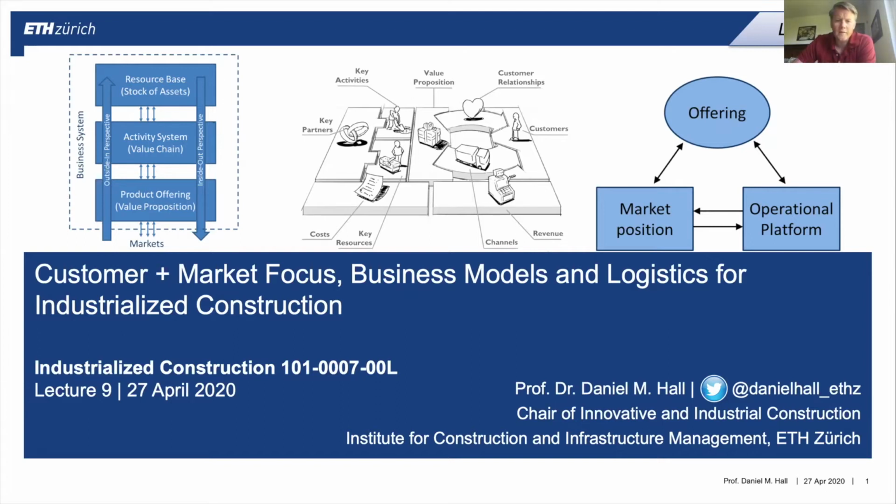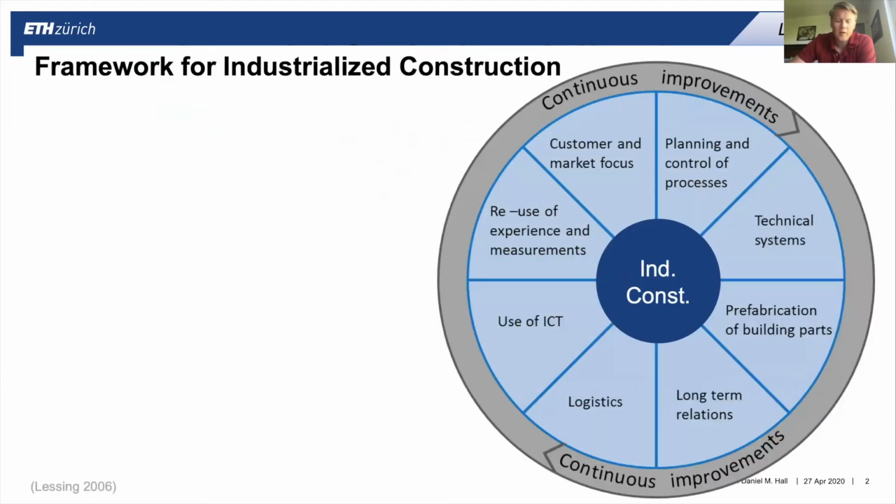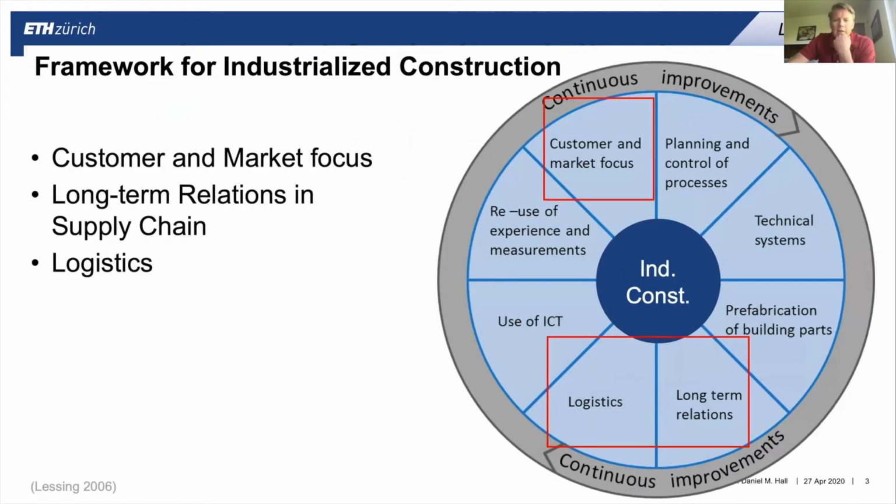So I'll start with our famous framework here for industrialized construction. And today, the real focus is here on the customer and market, but we will be touching on logistics and the long-term relations between stakeholders. So that's where we're oriented for today.